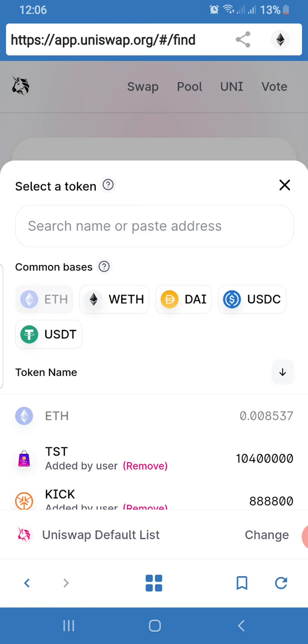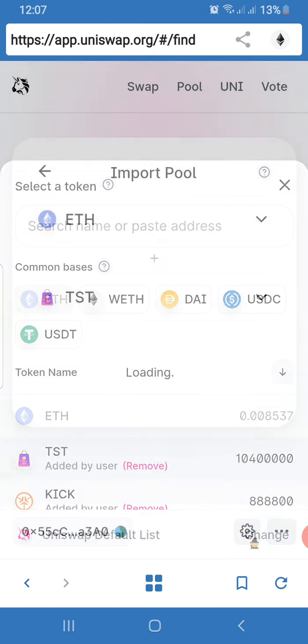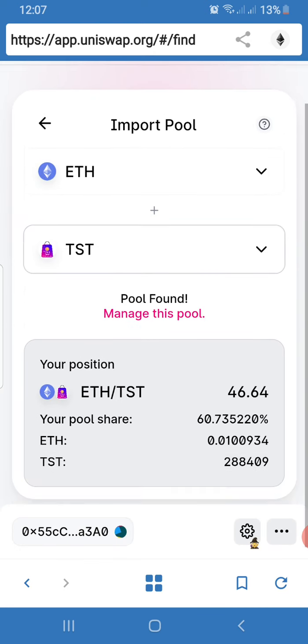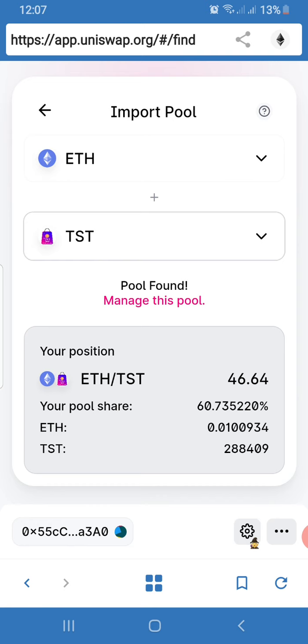If you've not added TST to the list of your Uniswap tokens, you can use the contract address of TST to do that. So in this case, I'll select it. Pool found. So you see that I already have a pool.